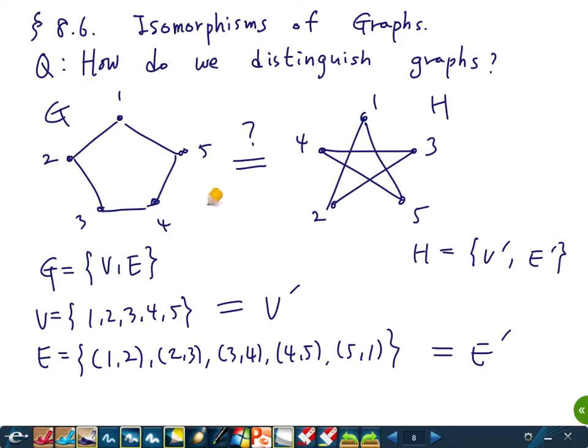So even though I draw them in slightly different ways, they really are the same graph. Do you agree? Just by using the definition. So in this case, it's not that bad. It's quite simple, but let's see another example.